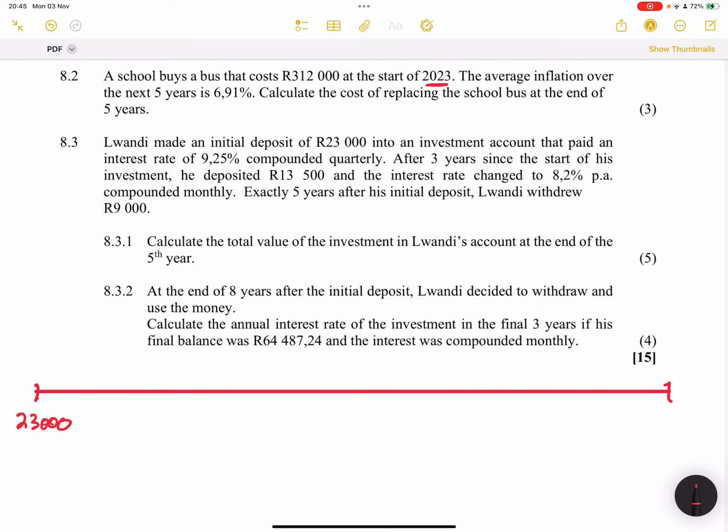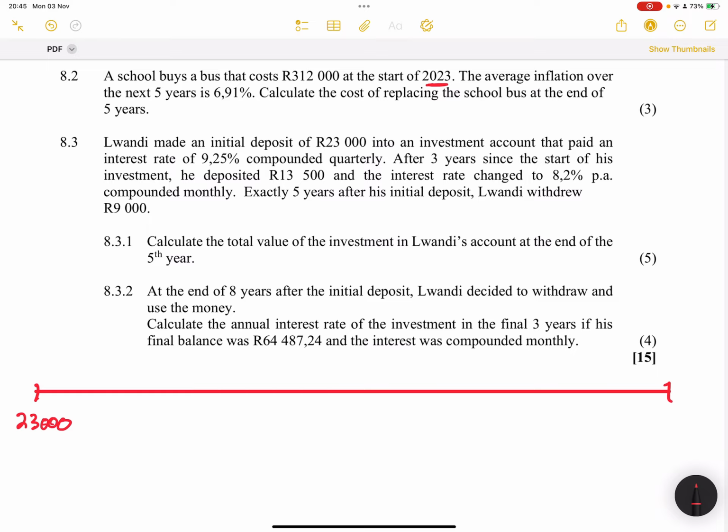Now they say after 3 years, since the start of the investment, he deposited 13,500 and the interest rate changed to 8.2% per annum, compounded monthly. Exactly 5 years after his initial deposit, Lwandi withdrew 9,000.